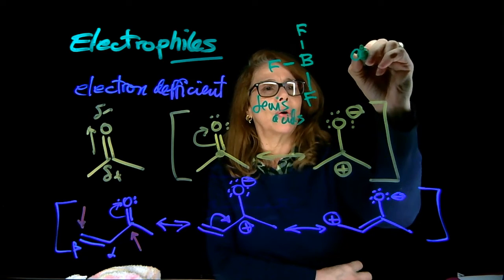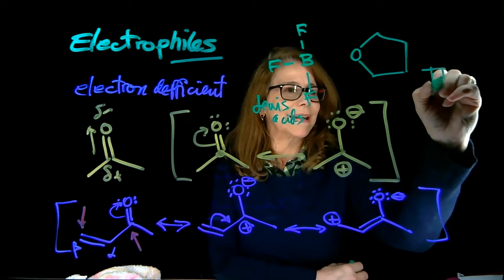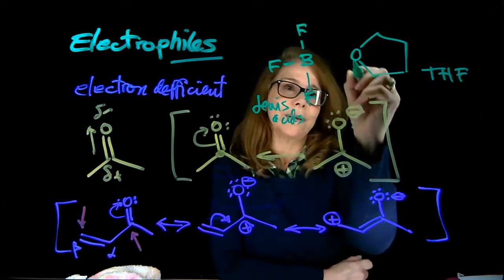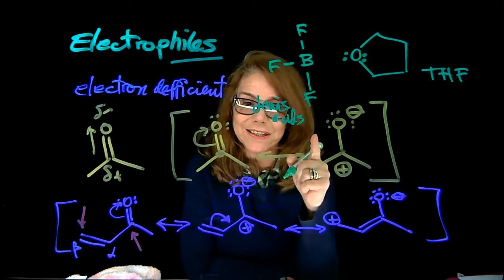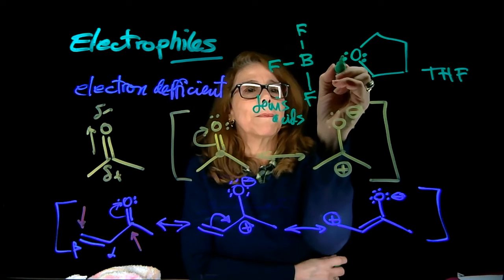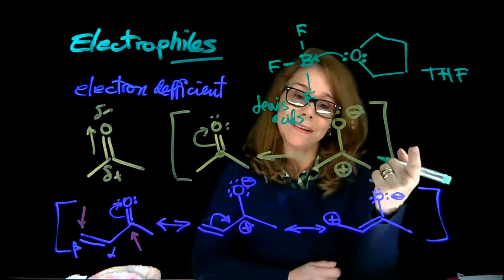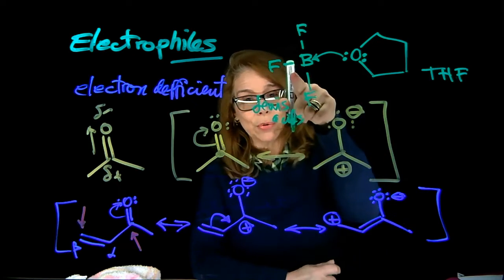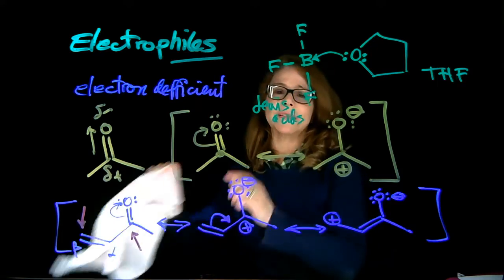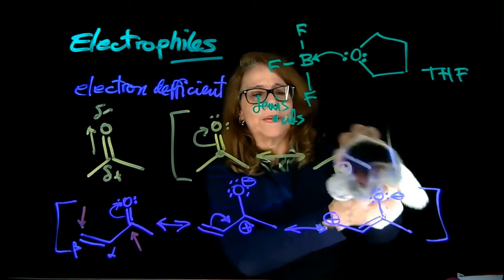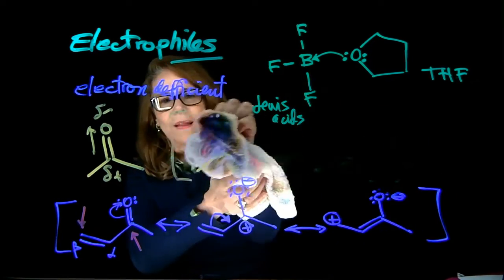And here I'm going to draw a species that is THF, tetrahydrofuran. We will have electrons here, so that oxygen is electron rich. We can have an attack here: this is the nucleophile, and this is the electrophile. This is the Lewis acid, and this is the Lewis base, the electron donor. Let's see the structure that results: the complex.